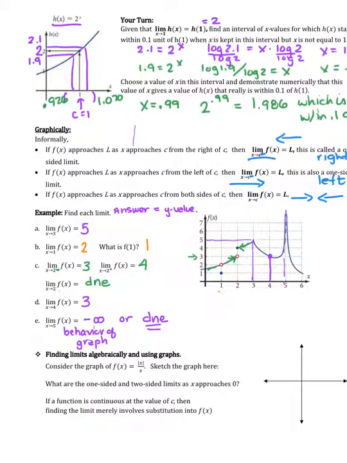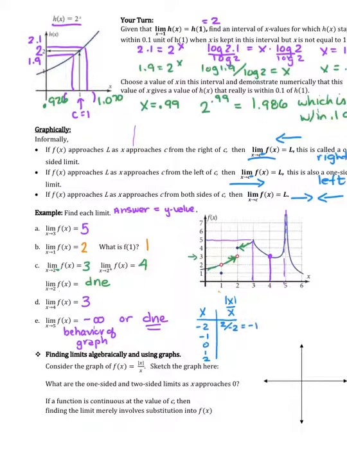Now we want to start looking at finding limits algebraically. For this first one, we're going to consider the graph of square root of x squared over x. We're going to be giving you a lot of iterations of this. So let's look at a table of values. If we make a table of values with some negatives, 0, and some positives: if I plug in -2, on top I have a +2 over a -2, which gives me -1.